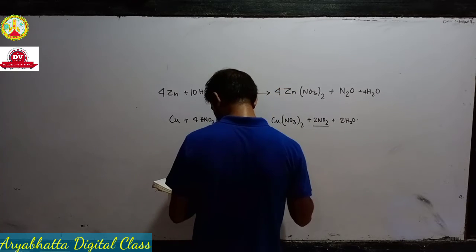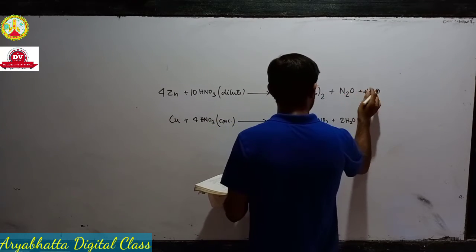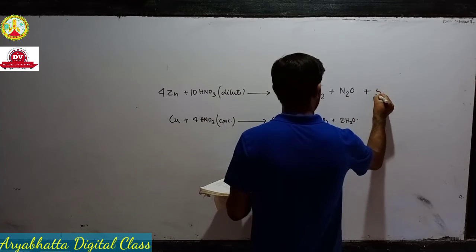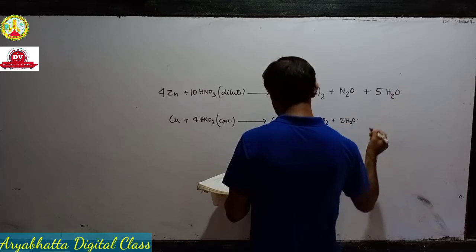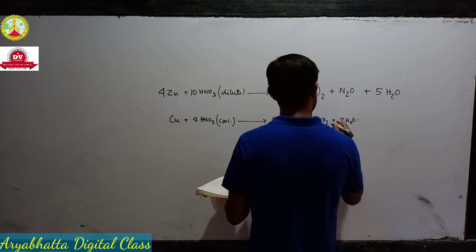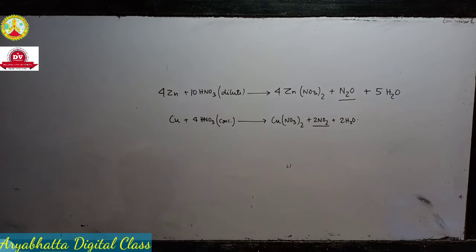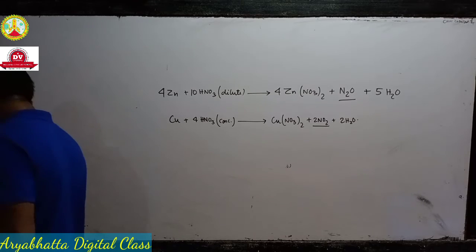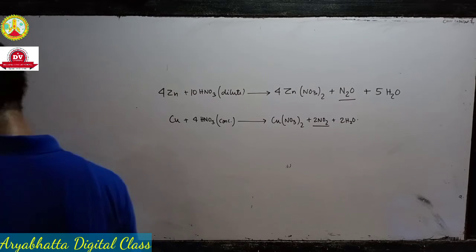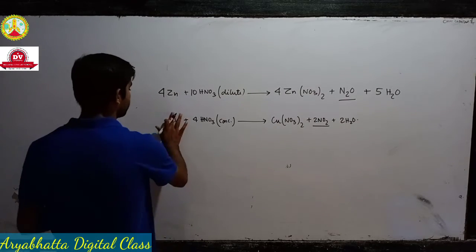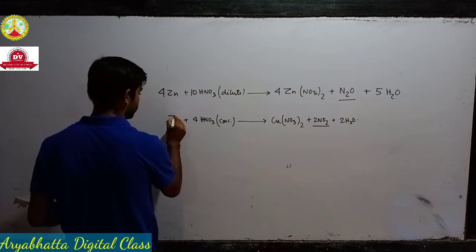We'll get 4 zinc nitrate, H2O instead of 4, and you get N2O. So this is the main difference between copper and zinc. With copper you get NO, and with zinc you get N2O.